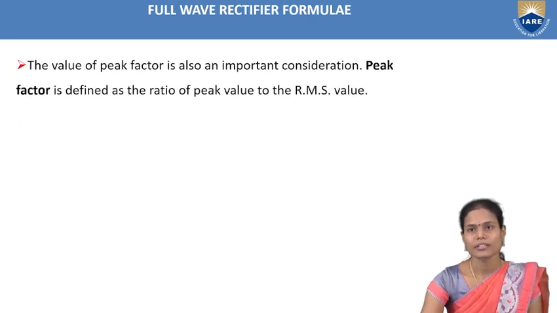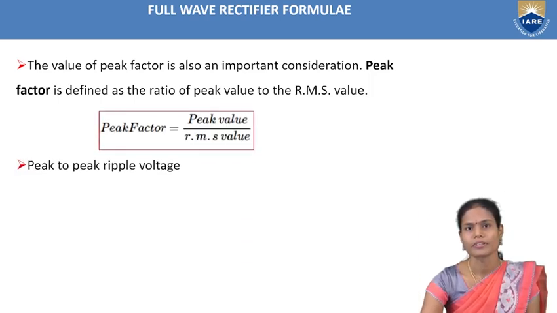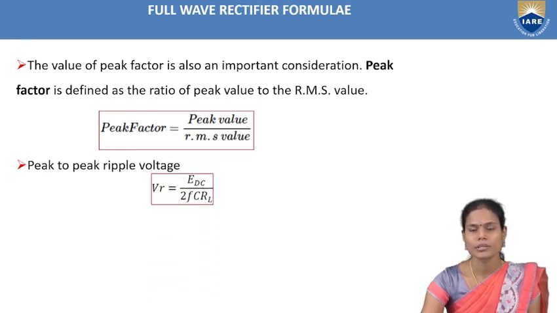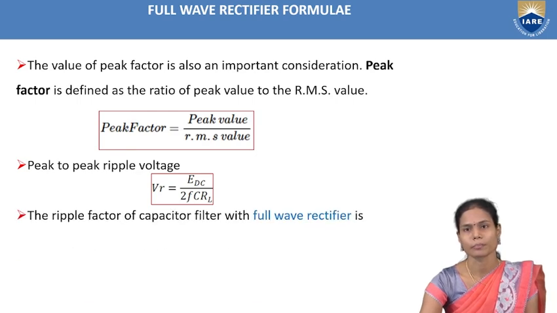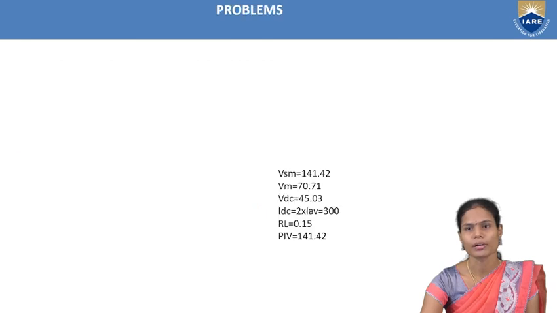And peak factor is the ratio of the peak value to the RMS voltage. And the peak to peak ripple voltage is EDC by 2fCRL in the case of the full wave rectifier. And the ripple factor, when we use a capacitor filter, we will get as 1 by 4 root 3 fC RL.